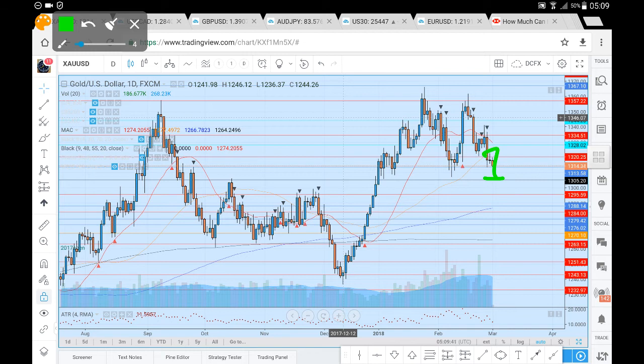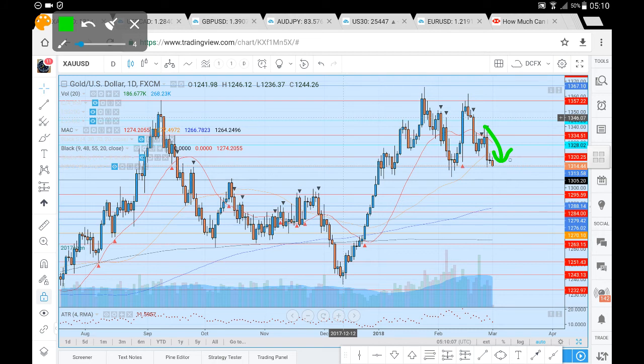So we'll see how prices develop from here. But there does appear to be a slight bias to the downside on the XAUUSD, especially in light of these tops here in the market and the sizable candles to the downside.